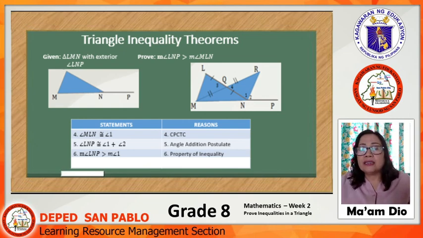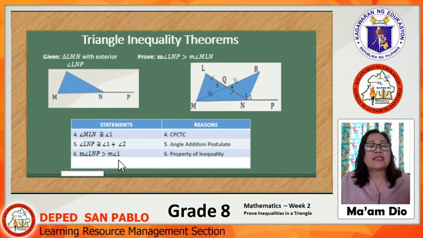Therefore, angle LNP, which is an exterior angle, is definitely greater than its interior angle, angle 1, and this is also discussed as one of the properties of inequality. So we have now proven that angle LNP is greater than the measure of angle 1, or the measure of angle MLN.